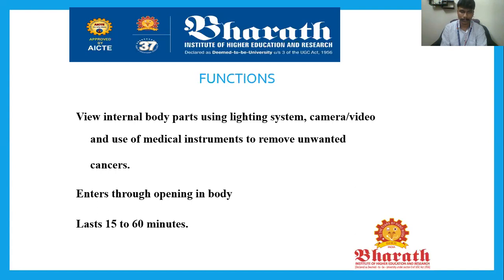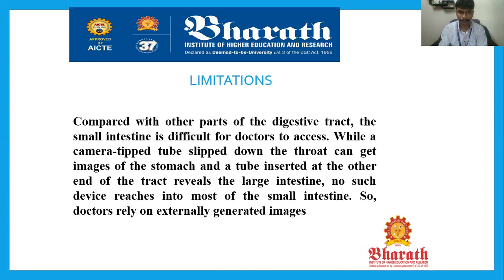The endoscope enters through an opening in the body, and the surgery or imaging capture lasts for 15 to 16 minutes, where the patient will bear some pain and some vomit sensation. These are the disadvantages, but the advantages are more when compared with the disadvantages.